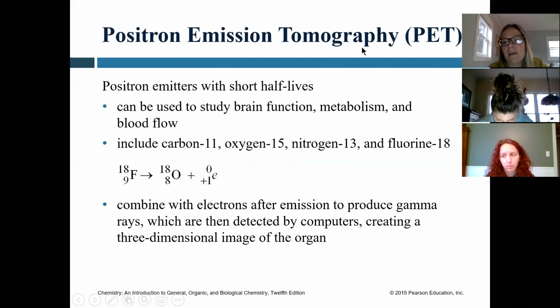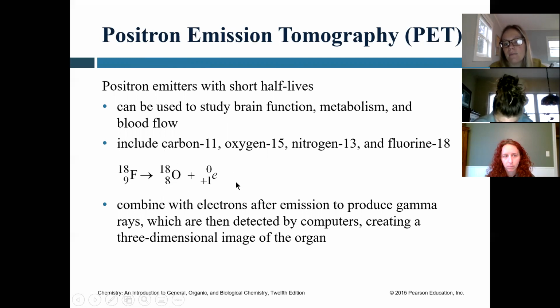One thing, a PET scan, if you've ever heard of a PET scan, why is it called a PET scan? It's a positron emission tomography. So they use positrons. We'll have radioactive fluorine, and it will decay to oxygen and give off a positron.